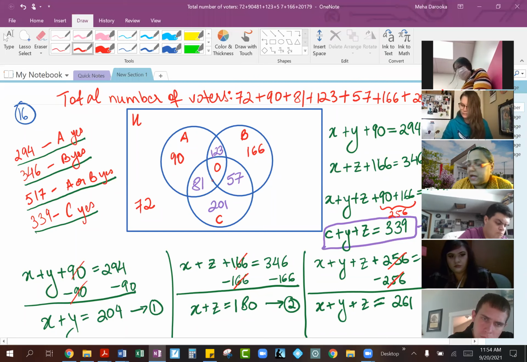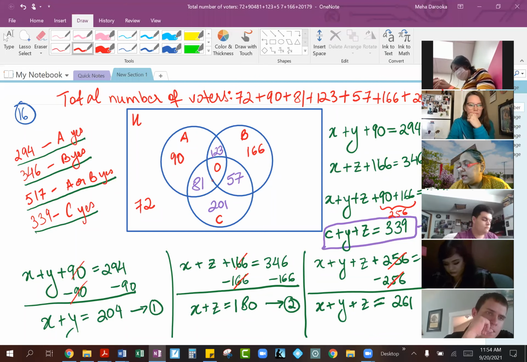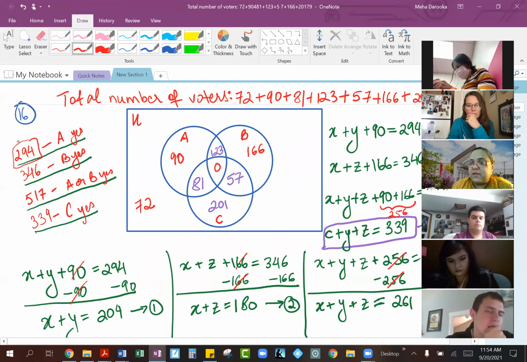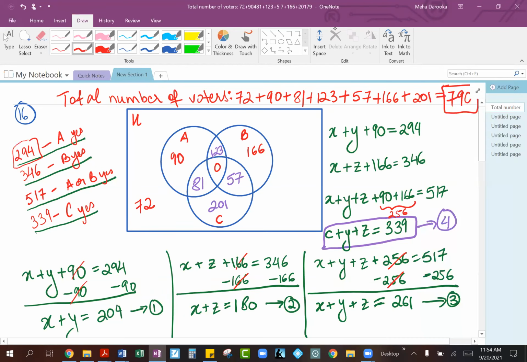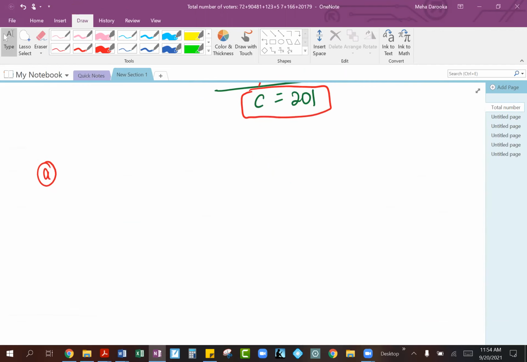So honestly, what you guys could have also done, you said 496. You can add up the 90, 123, and 81, which of course will give you the total of the 294 that we know voted yes. You could have just taken the 790 and subtracted the 294 from it also, and that would have worked. So there are multiple different ways that you can come up with this.